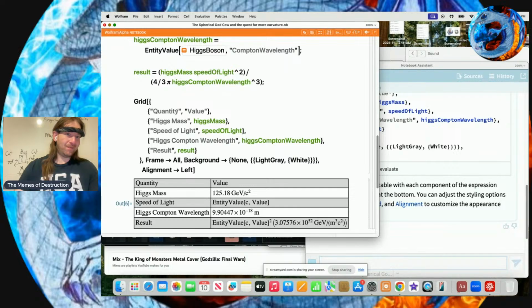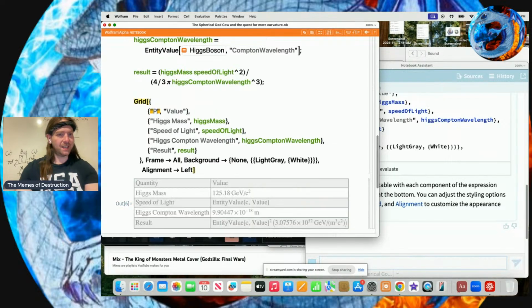Okay, so now we can just change this. All right. Well, that's quantity. It's the entity, technically. Physical constant.